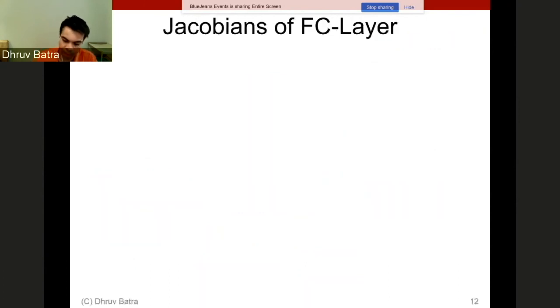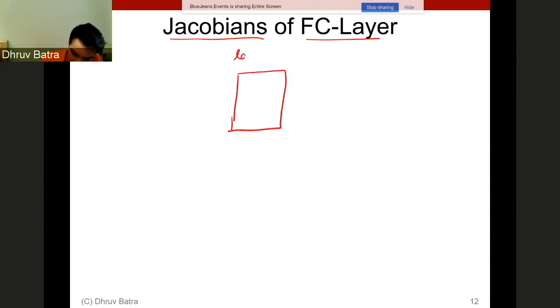That part's easy. Now let's look at the Jacobian of the FC layer, which is the fully connected layer. So again, we'll draw a similar box. We'll say this is layer L. We have H^(L-1) coming in, and let's say it's some R^C1. It's producing H^L, which is some R^C2.